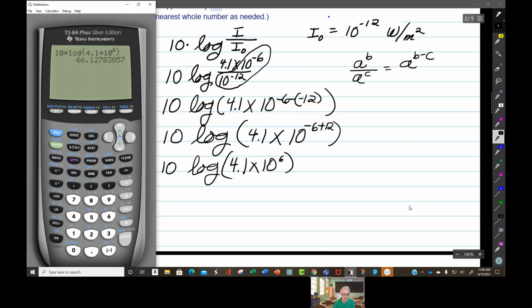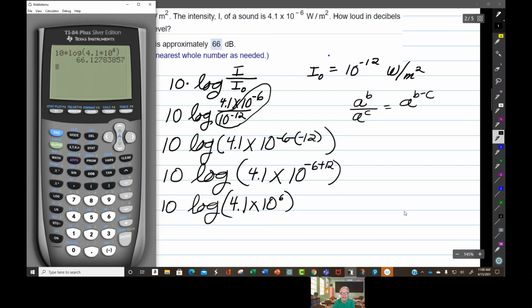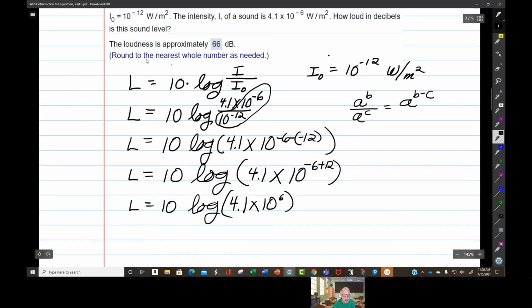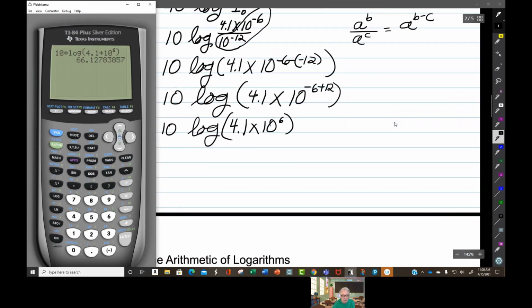That's the answer I get. Let's see how they want their answer. Woohoo! We did it. It says round to the nearest whole number as needed. All right.